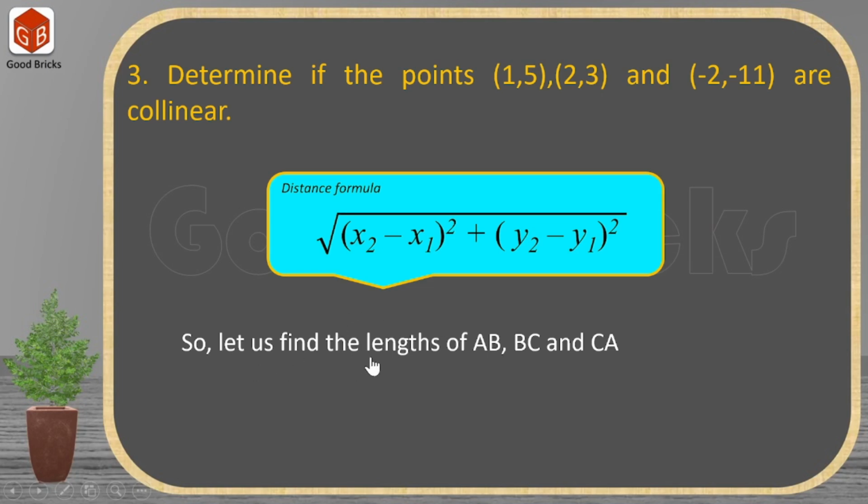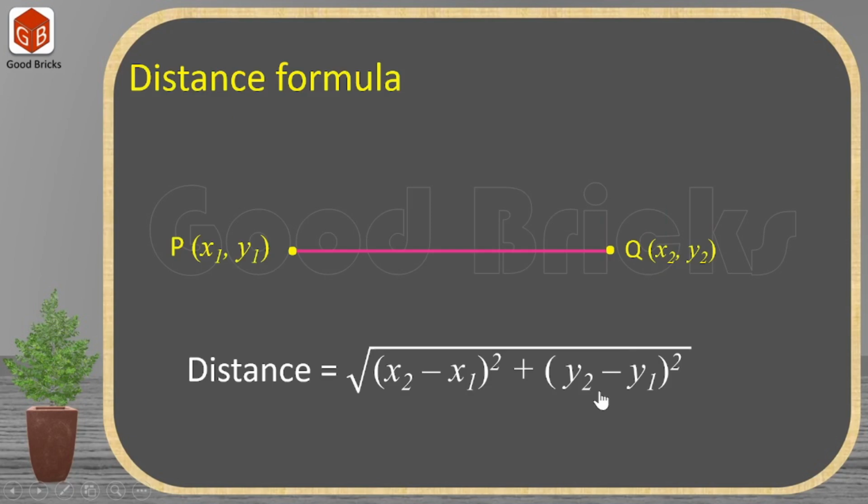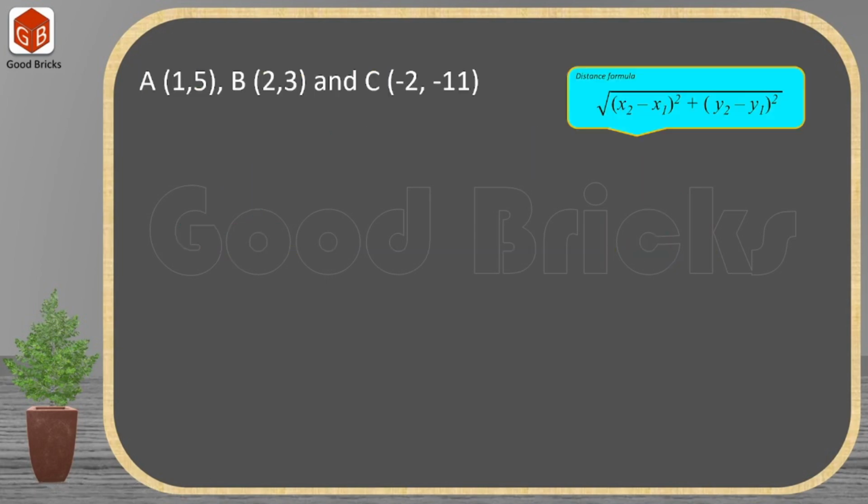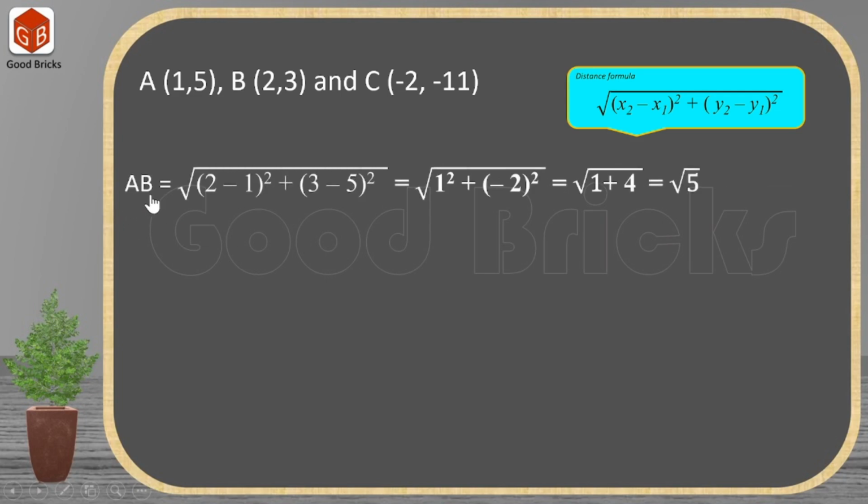Let us now find the lengths of AB, BC and CA using the distance formula. You know what the distance formula is? Root of (x2 minus x1) whole square plus (y2 minus y1) whole square. This is the distance formula. So using this, if you find the distance of AB, you will get root 5.